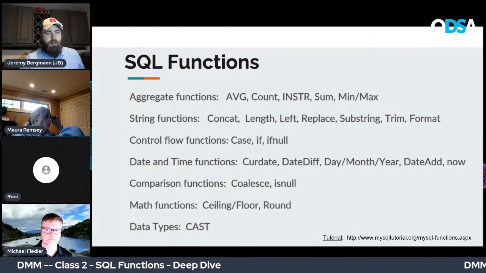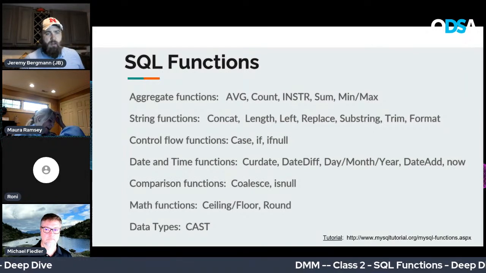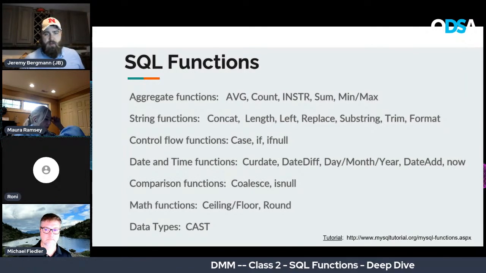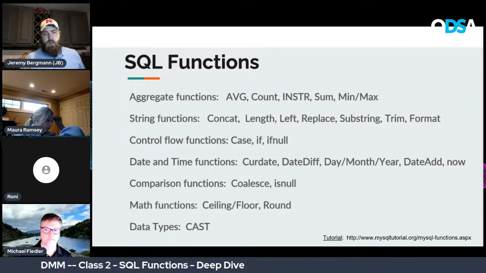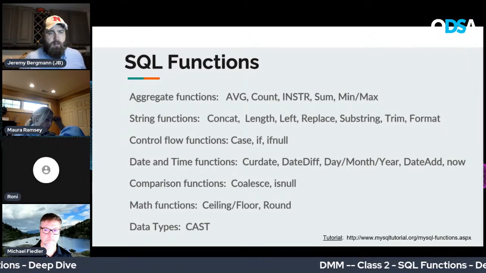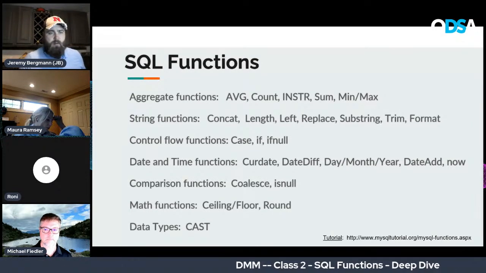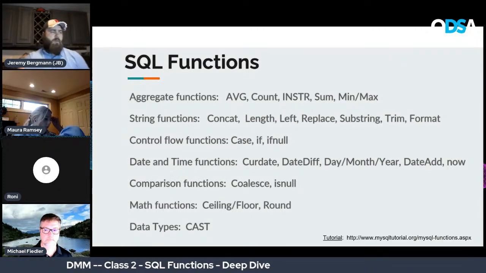Maybe you're doing sales by product if you have a product table and historical sales. You could do it by dates even. You could say, give me the margin of a certain product by day, and day would be your grouping. So you can think of aggregate functions that way.